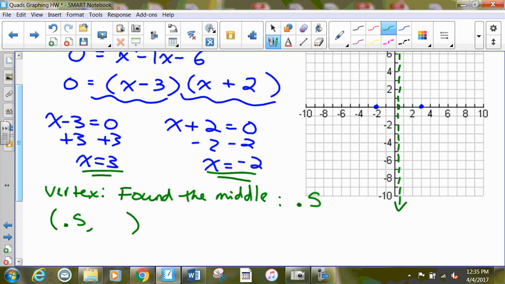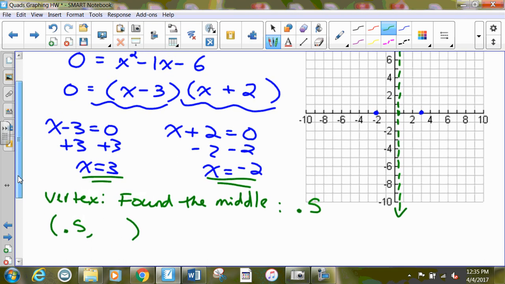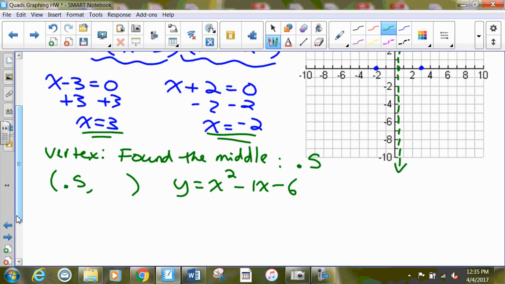And so what we're going to do is take our original formula, y equals x squared minus 1x minus 6, and plug in a 0.5 when we see x. So we'll plug in a 0.5 here, plug a 0.5 here, and then we're going to put exactly what we have written in our calculator, including the parentheses.